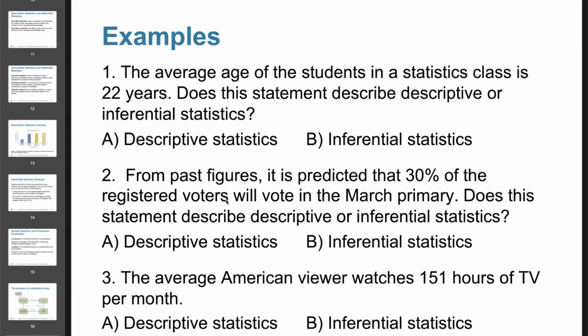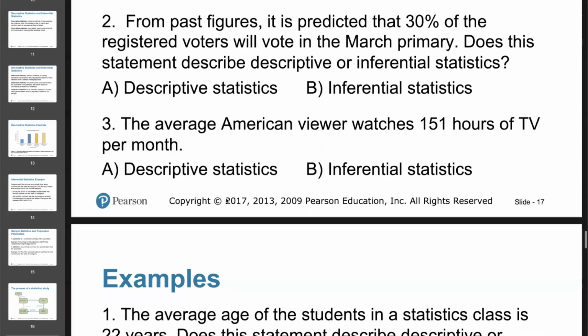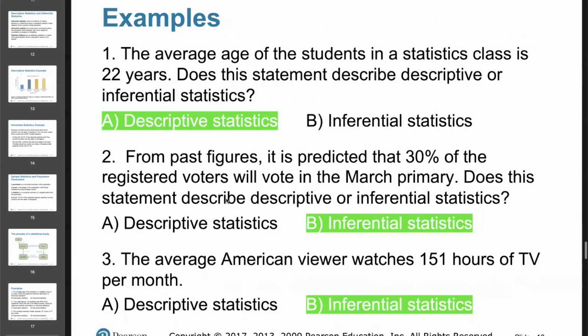We will not ask all the American people about that, right? So in most cases, this number came from a sample, and from the sample, we generalized this number to the entire population. So this is inferential statistics. It's not descriptive statistics. Okay, so here you have the answers.